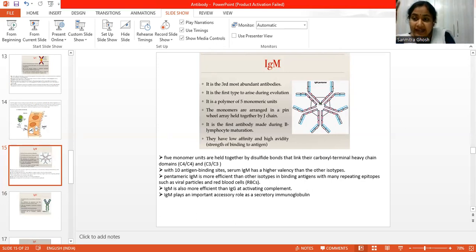So, when one antigen is interacting with an antibody, the strength of the non-covalent interactions holding them together is referred to as the affinity. Now, in case of IgM compared to IgG, the affinity is lesser.